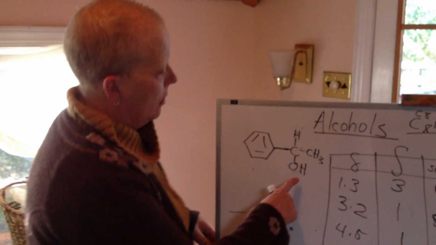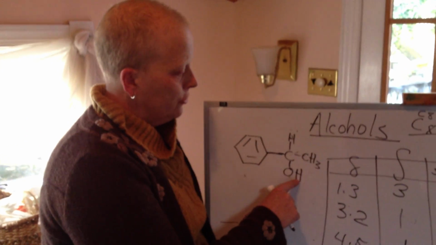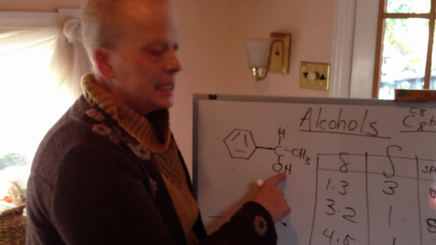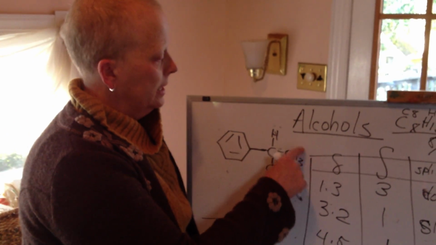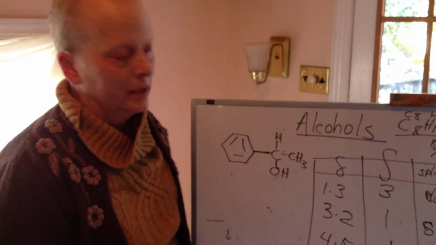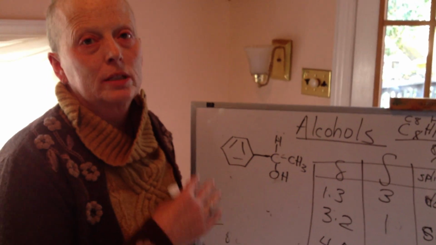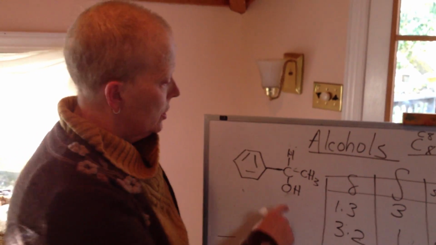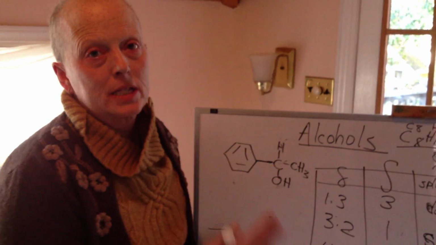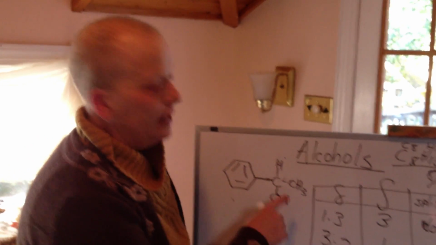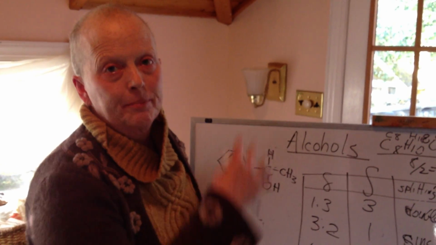But the other thing about alcohols is the hydrogen is slightly acidic. At least it's more acidic than most hydrogens that are on carbon. And because of that, it's in what's called chemical exchange. So the way we run the NMR and the solvents we run the NMR in, the hydrogen is kind of like being tossed on and off into the solvent all the time.